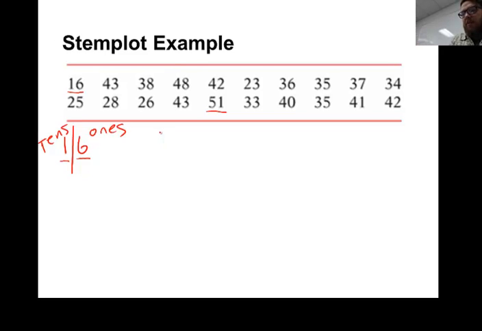So to make a stem plot, we draw our line. This splits the stems from the leaves. Here, all of our numbers are between 16 and 51.